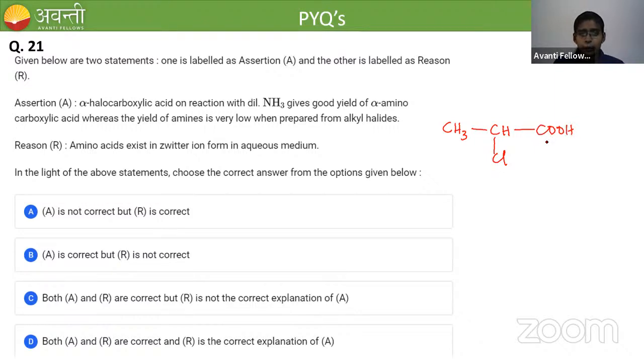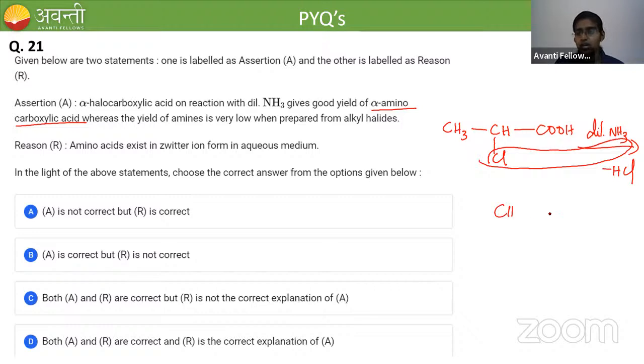So when this particular compound reacts with dilute NH3, it gives a good yield of alpha amino carboxylic acid. Here HCl is getting removed. The removal of HCl leads to an alpha amino acid. This is your alpha amino acid.